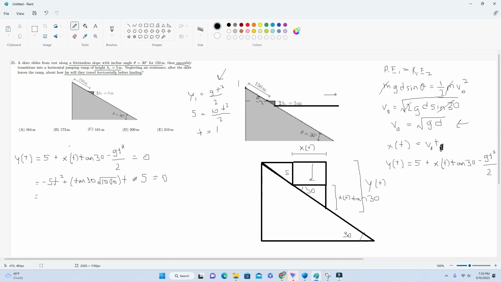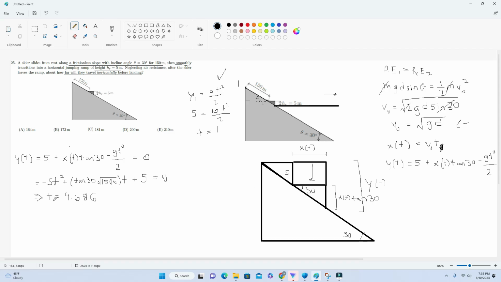And solving for t, right, it'll give you two values. But since we're looking at a time here, we want to take the positive value. And when you do those, you're going to get that t should be 4.686, or approximately this value, right, from just approximating the value of tan 30 times root 1500.